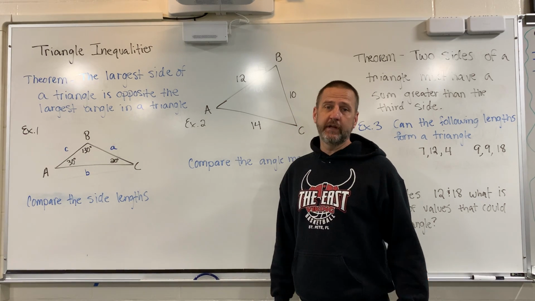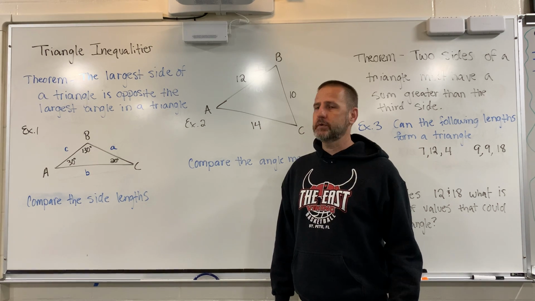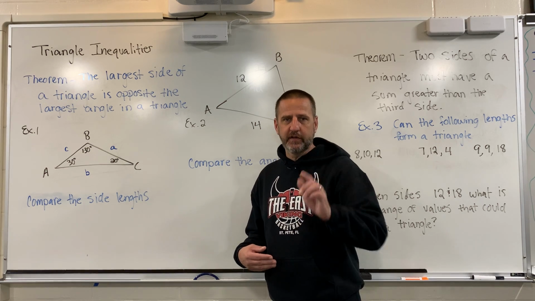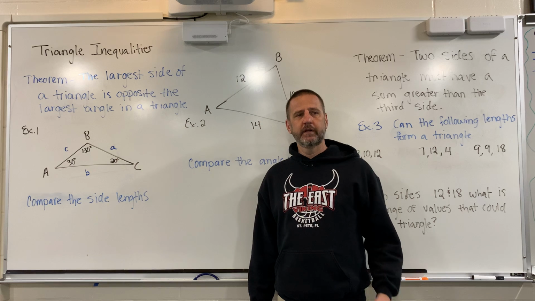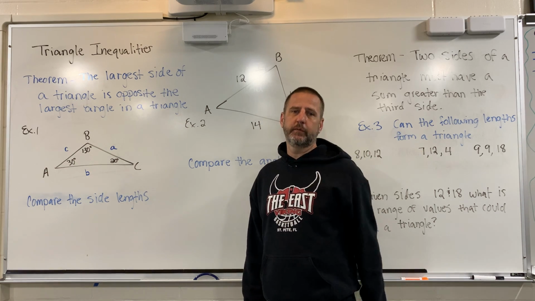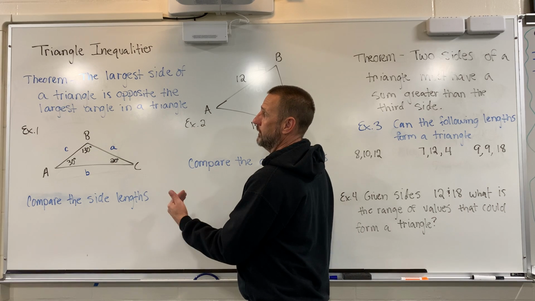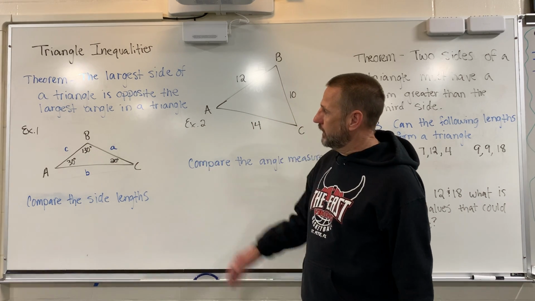It's not up and down versus left and right. When we talk about opposite in geometry, we're talking about a position. So for example, the camera is opposite of me as it's across from me. So when I say something's opposite of it, I'm talking about directly across from it. So when I look at this theorem, it says the largest side of a triangle is opposite the largest angle in a triangle. So let's look at our example.